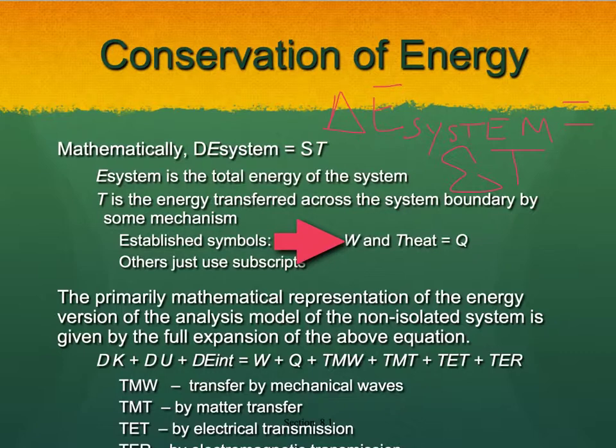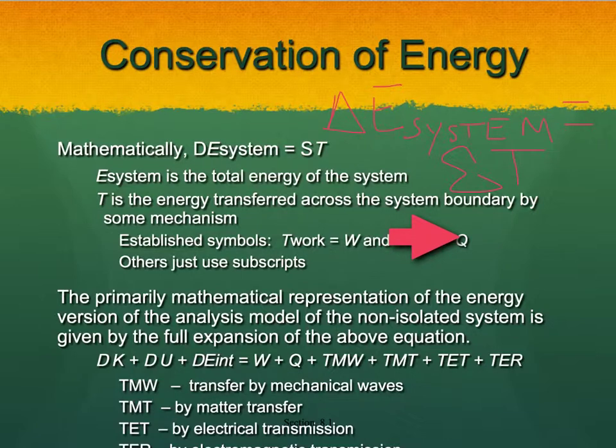When we talk about heat, you probably know this back from chemistry when you were doing thermodynamics and you were trying to find energy. You've used a lot of Q equals mcΔT. So we represent heat sometimes as Q. When I'm talking about the transfer due to heat, then we're just going to symbolize that as Q.